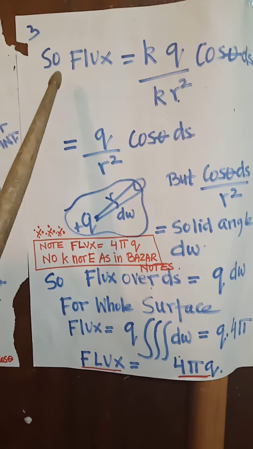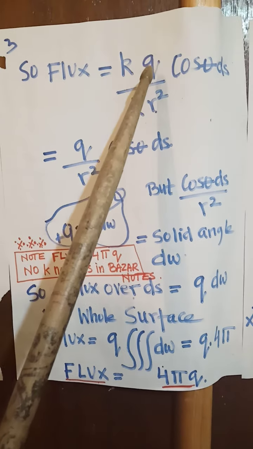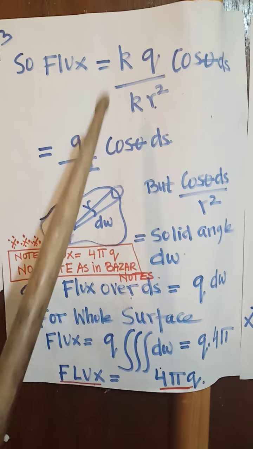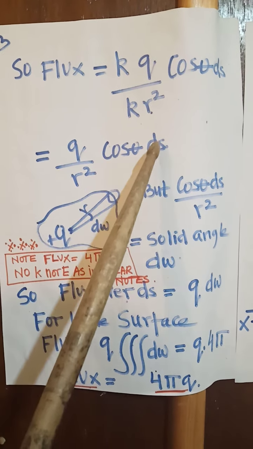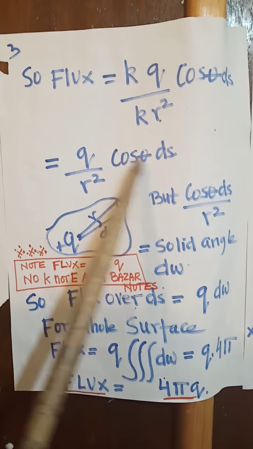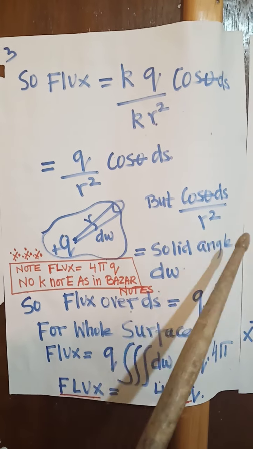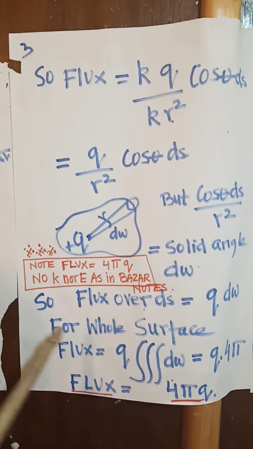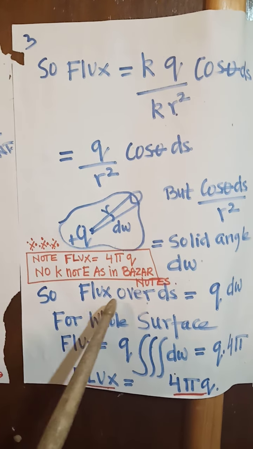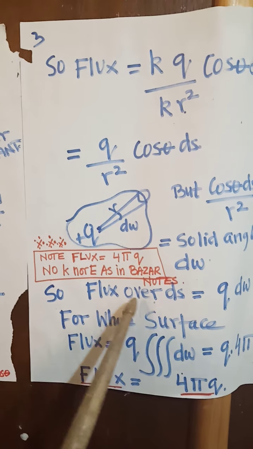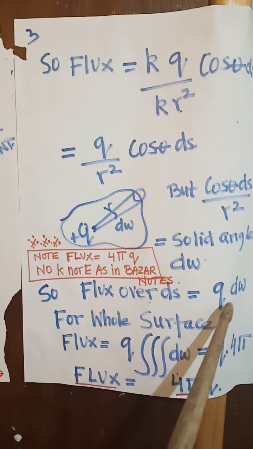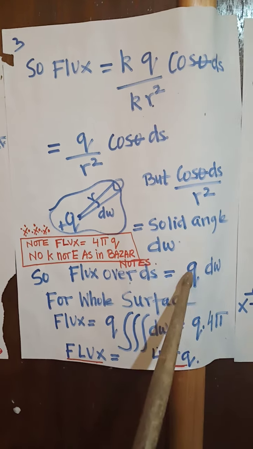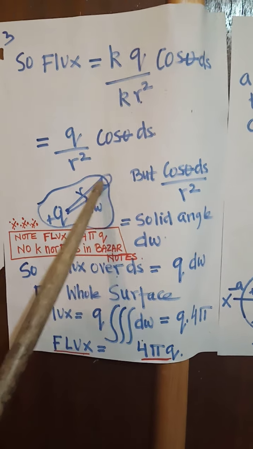So now, the flux is K into Q by K R square into cos theta. K cancels. Q by R square cos theta. Now, cos theta ds by R square is nothing but the solid angle d omega. So that small flux, d flux, over ds is Q into d omega.